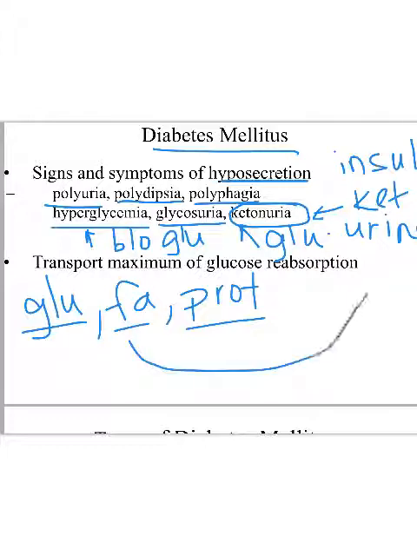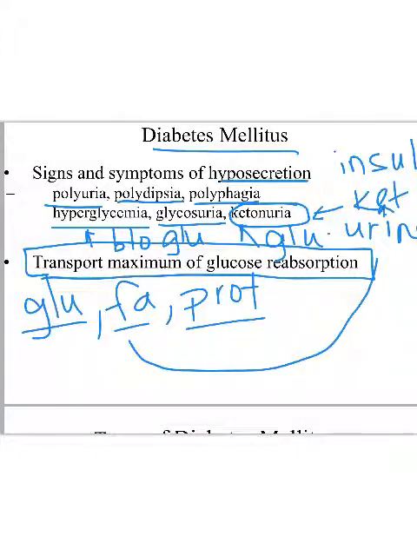Fatty acids, when they get broken down, can turn into ketones, and ketones will make you more acidic. How do we end up with glucose in our urine? The transport maximum of the glucose that gets reabsorbed by our kidneys gets messed up.